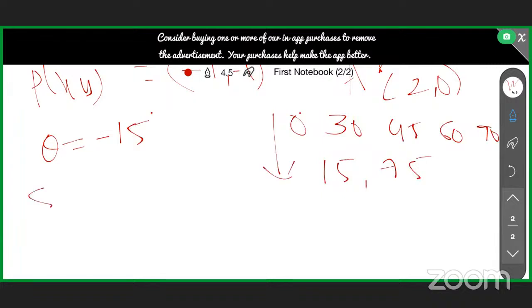What is the value of sine 15 and cos 15? Do you know or don't know? If you know, say yes. If you don't know, say no. No problem, because I'll tell you how to find it out.